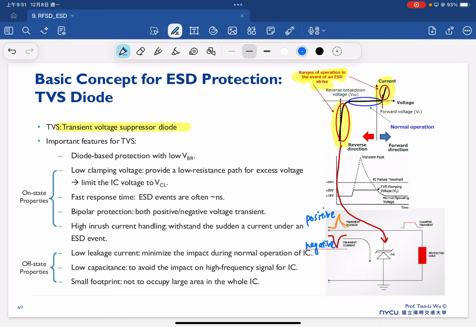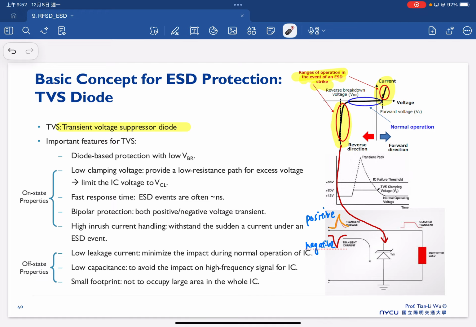So the important features, of course, there are several nowadays. This concept of TVS used to protect against ESD has been developed for a while. We have some more advancement in the TVS, but in general, the TVS has several important features. So this is a diode-based protection.